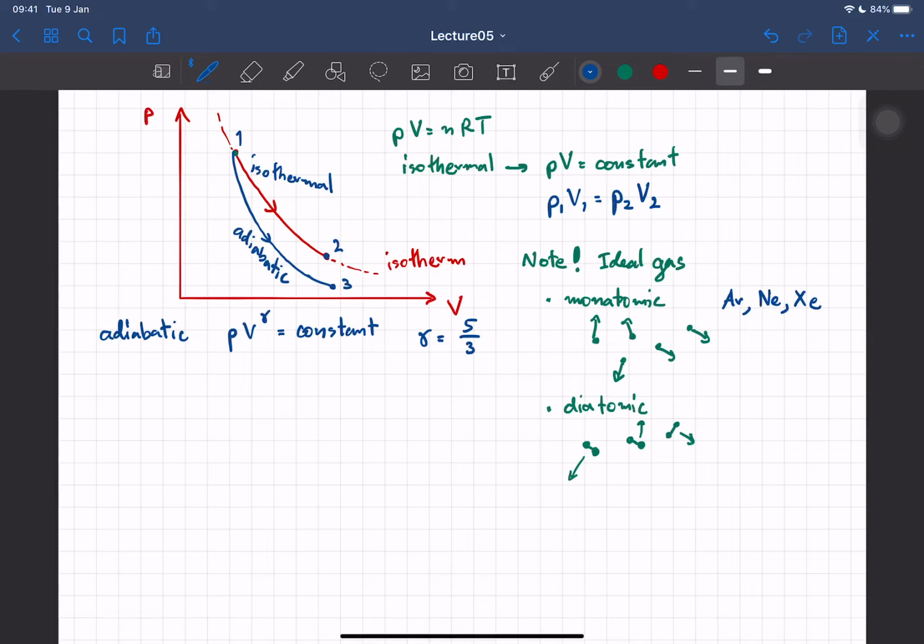Some of you may remember the periodic table in chemistry, that's what we call the noble gas. So it's the gas with the electron shell being completely filled. So you only need just one atom to be a stable gas, right? But diatomic gas is the one that needs to have two atoms in one molecule.